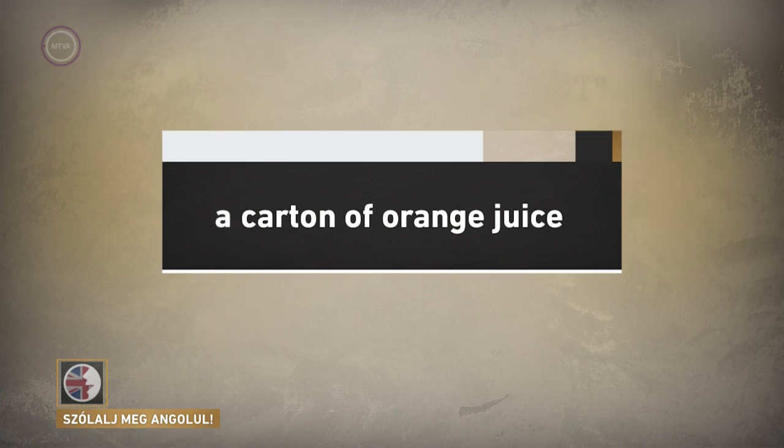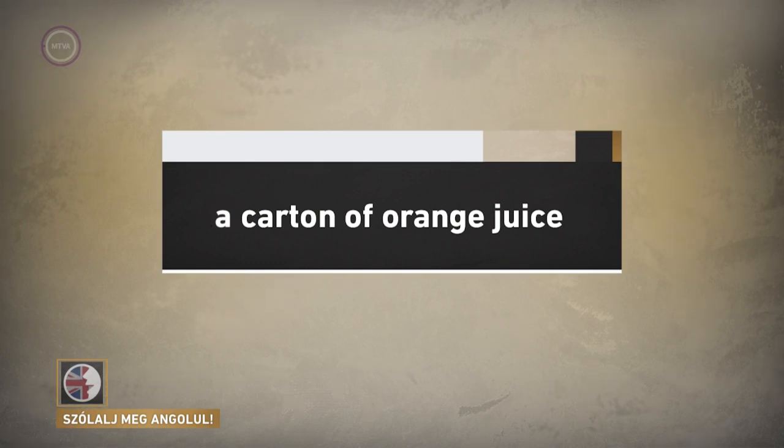Right, let's practice making uncountable nouns countable. Use the words in the box to make the uncountable nouns countable. We use a, of. Here's a couple of examples.